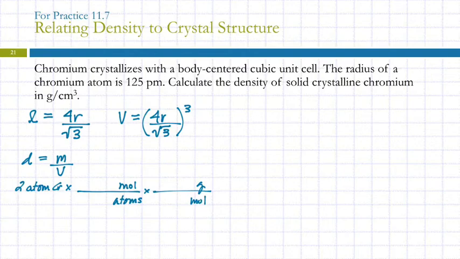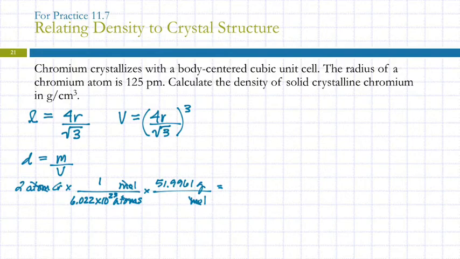Because the molar mass on the periodic table, 51.9961, is the mass in grams of 1 mole of chromium atoms. We want the mass of 2 atoms. 1 mole is Avogadro's number of atoms. So atoms cancel, moles cancel, and we get mass in grams. Yeah?